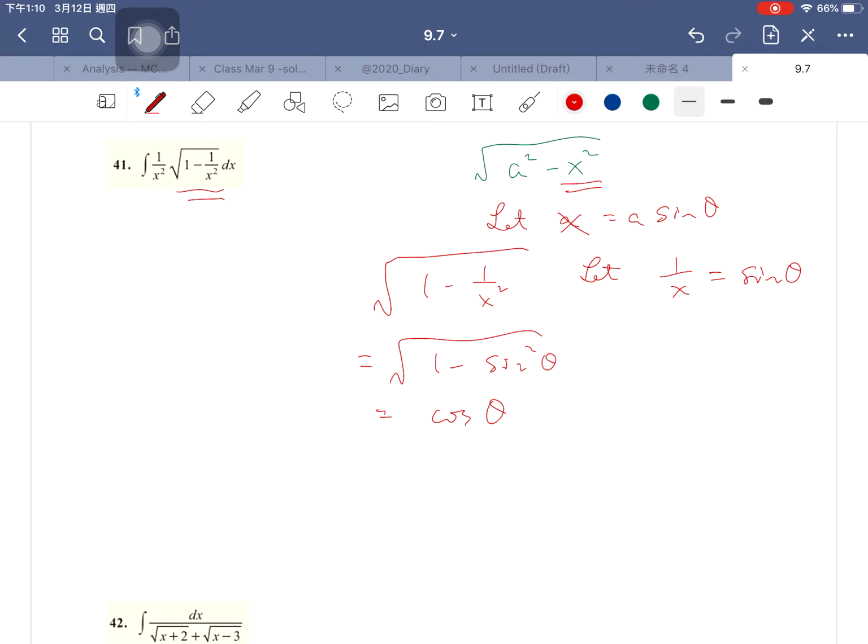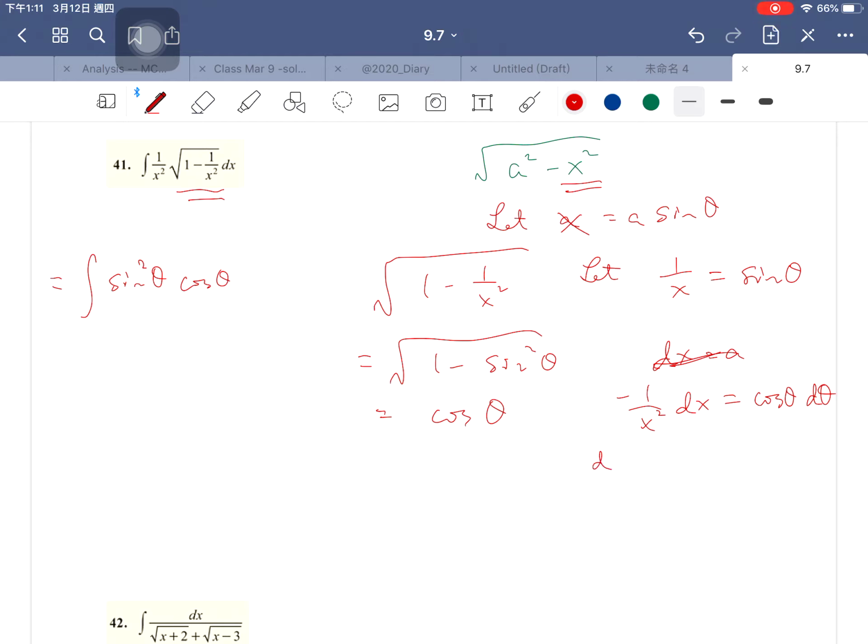And then this is cosine theta. And 1 over x squared is sine squared theta. And then what is dx? dx is minus 1 over x squared. dx becomes cosine theta d theta.